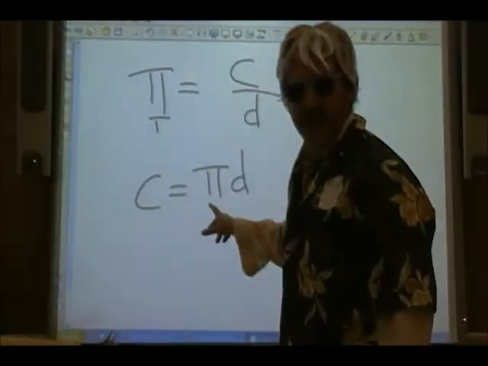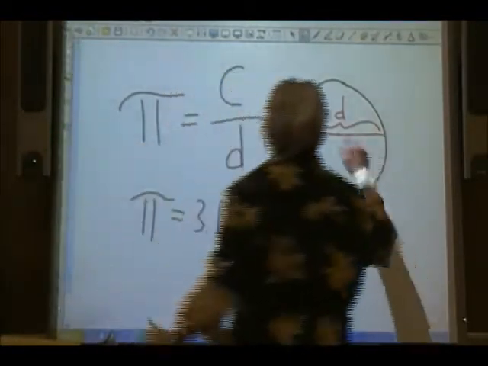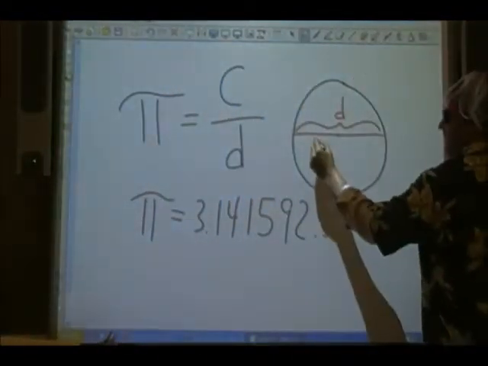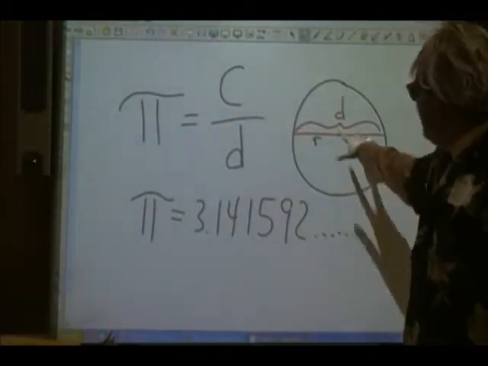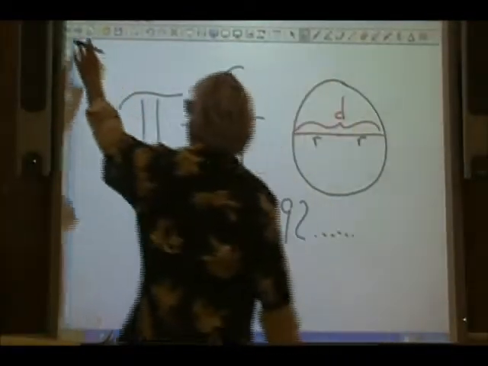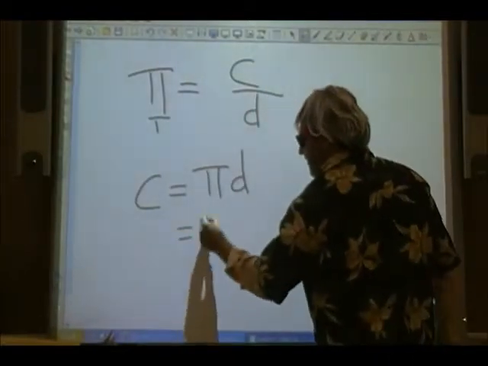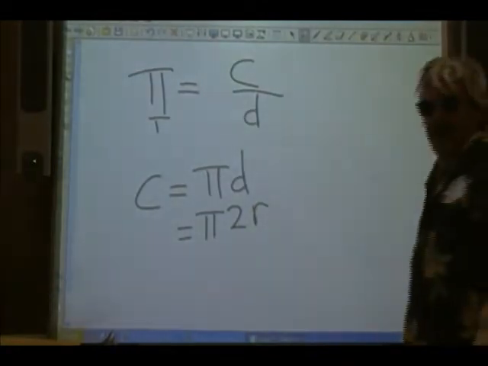And if you look at the diameter, it's two of these: one radius and another radius. Together they make radii. These two radii are one diameter, right? So I can go back to my formula, and where I see the diameter, I could put two radii.